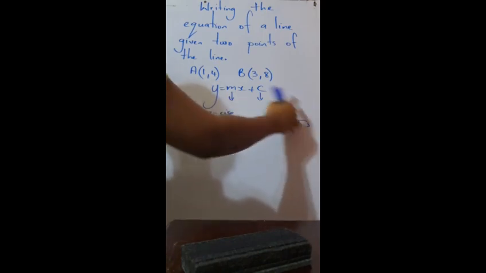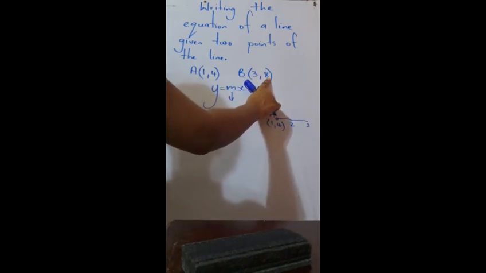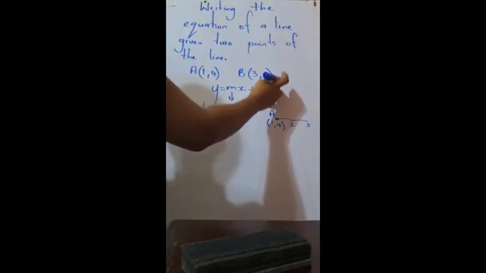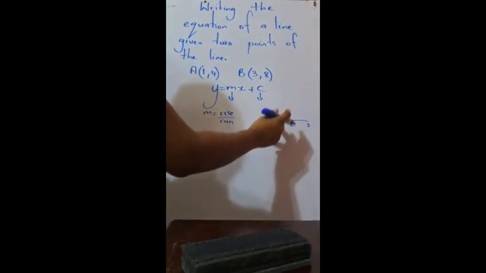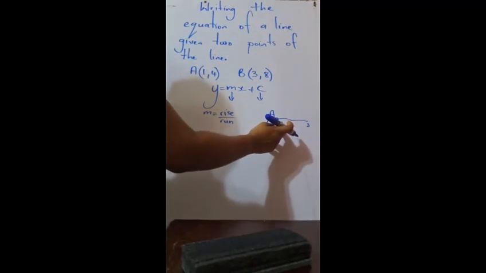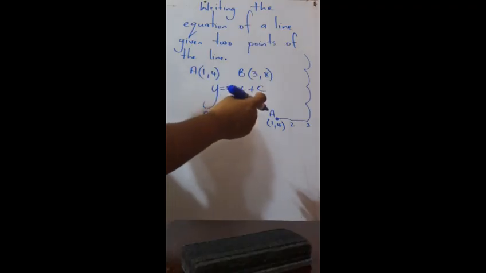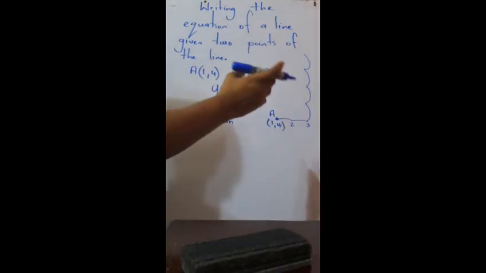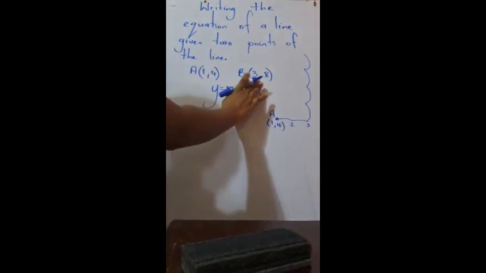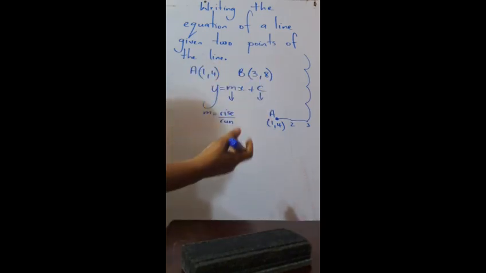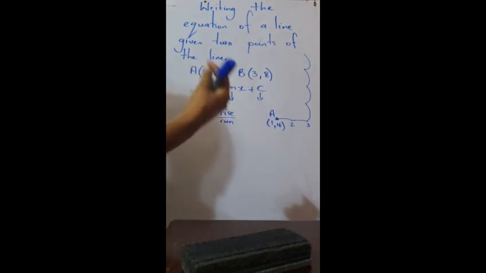I'm not remaining here because B is at 3, 8, which means I need to go up since y is positive. I was at 4 units on the y-axis, so I'm going to be going up 4 more units to get me to 8. So I'm traveling 1, 2, 3, 4 more units up. I'm not on the plane now using a graph sheet, but just figuring out how this movement would have looked based on the coordinates that I'm given.